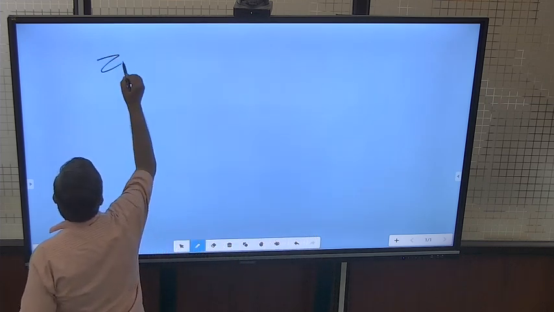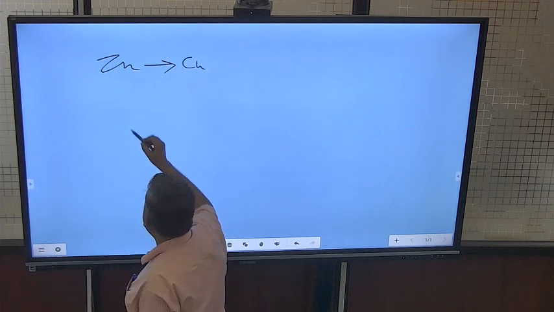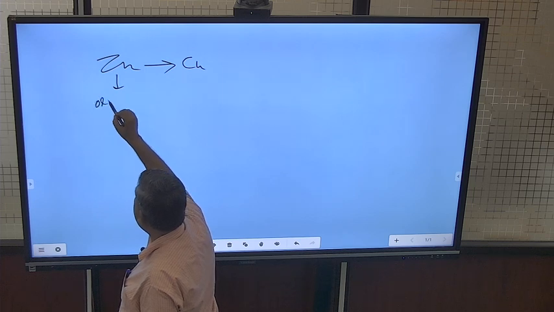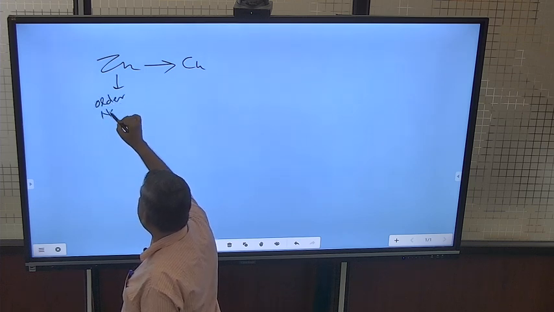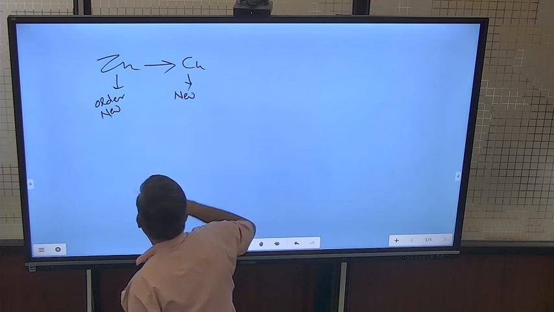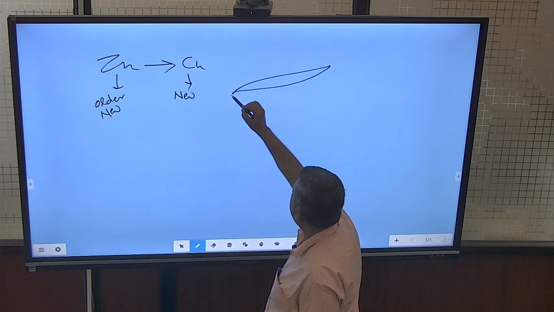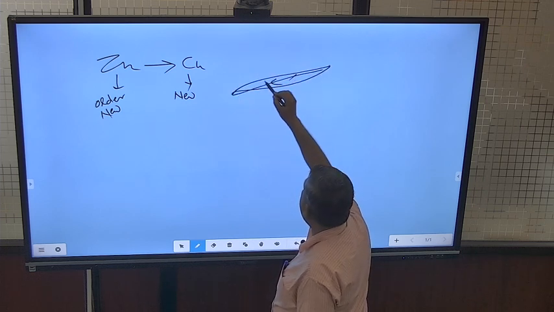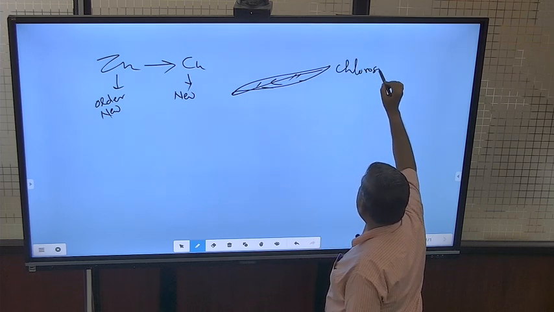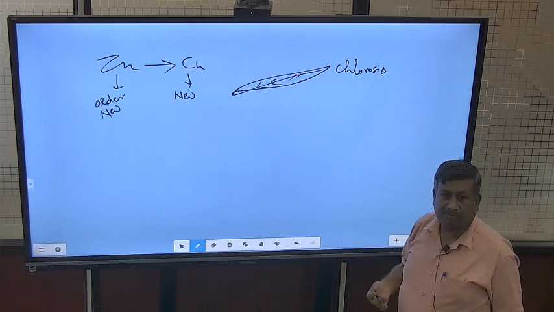Then the difference between zinc and copper. Zinc actually occurs in both older and newer leaves. In case of copper, it occurs in new leaves, where chlorophyll loss, chlorosis, is there, and chlorosis is a deficiency symptom of many nutrients.